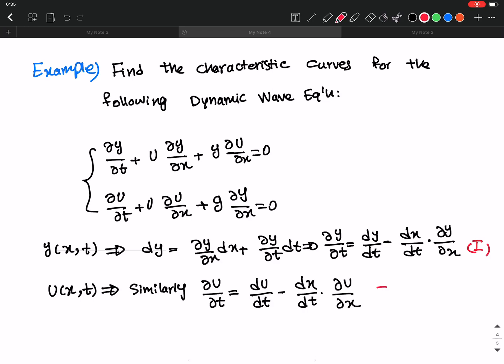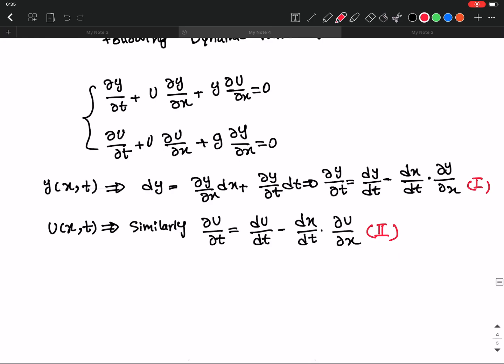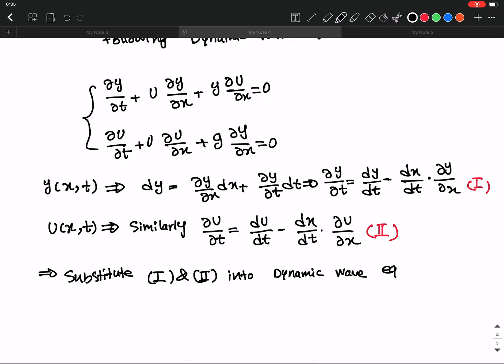I'm going to write this as equation 2. Now I want to substitute 1 and 2 into the dynamic wave equation.